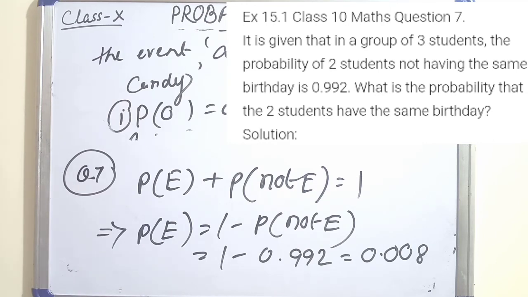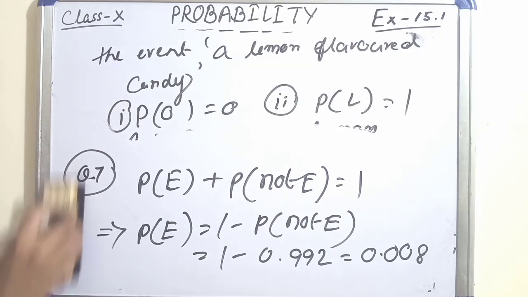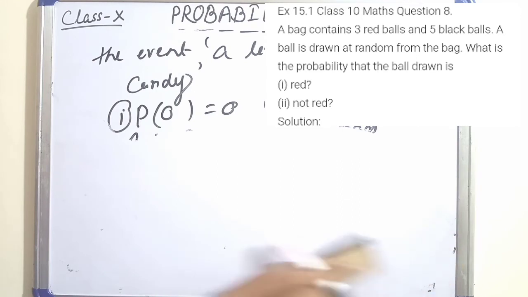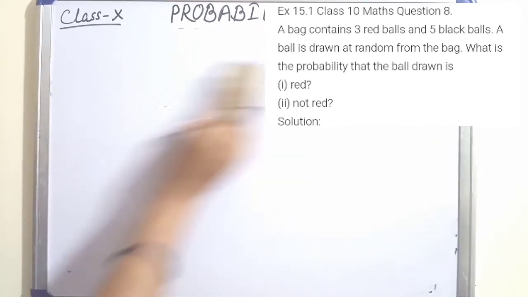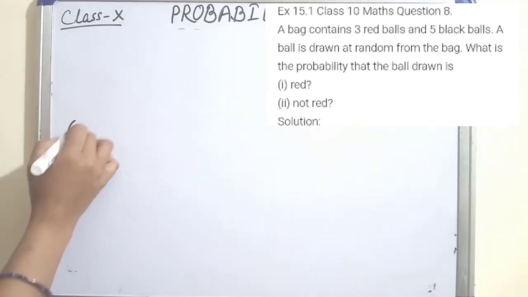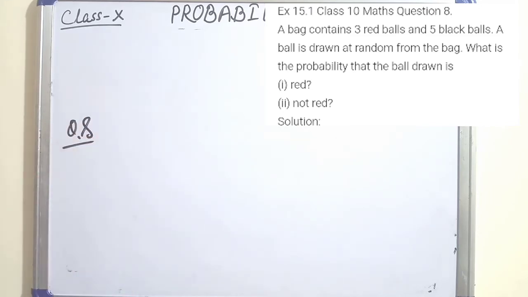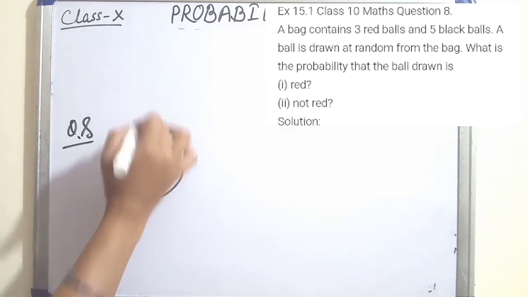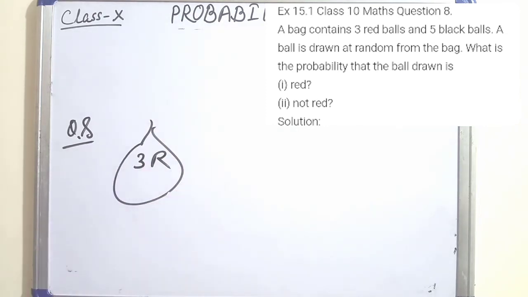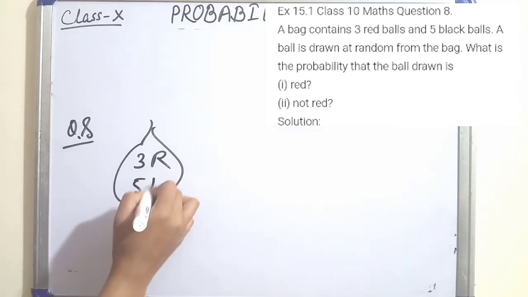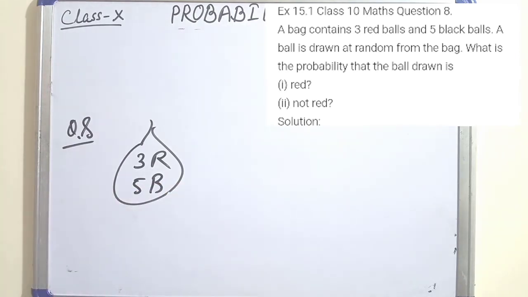A bag contains 3 red balls and 5 black balls. Suppose this is a bag. A ball is drawn at random from the bag. What's the probability that the ball drawn is red, or not red?